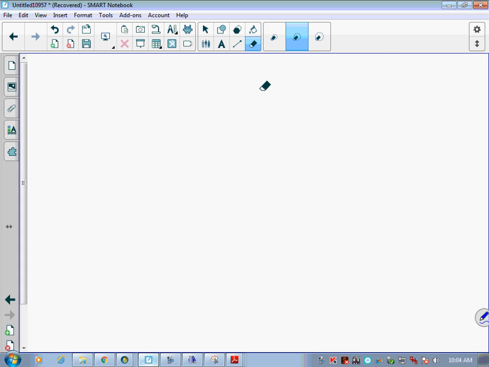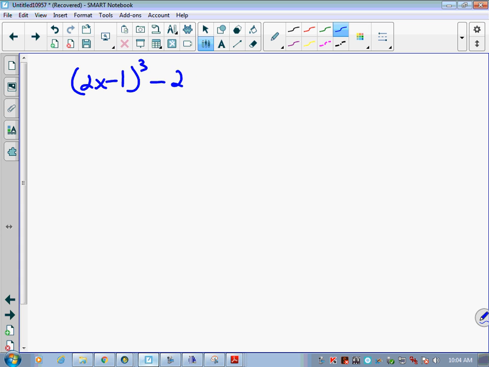Okay, because this is the difference of 2 cubes, we're going to take 2x minus 1 cubed minus 27, and we're going to cube root each of these individual items.